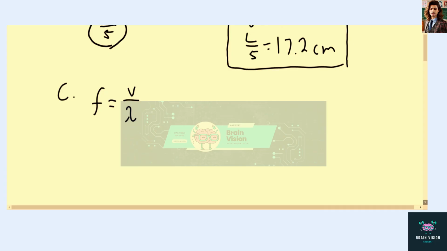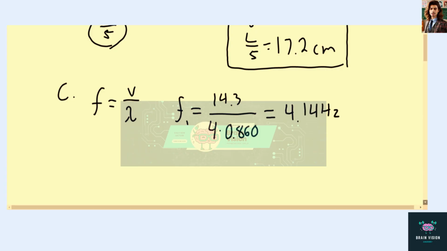So that is how I'll write it. So for f1, the natural frequency, the first mode of vibration, you'll have 14.3 for your speed. And then in the denominator, you have 4L is equal to the wavelength. So you have 4 times 0.860 meters. And if you calculate that, you should get 4.14 hertz for the first mode of vibration.